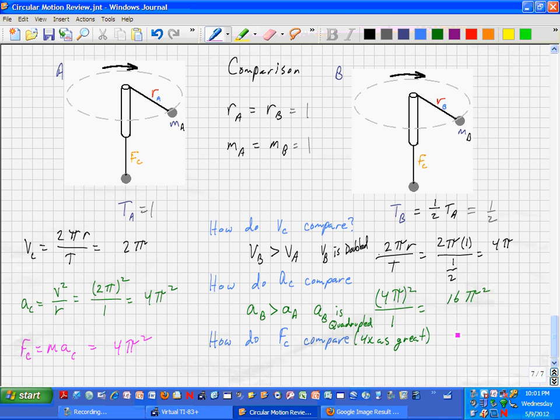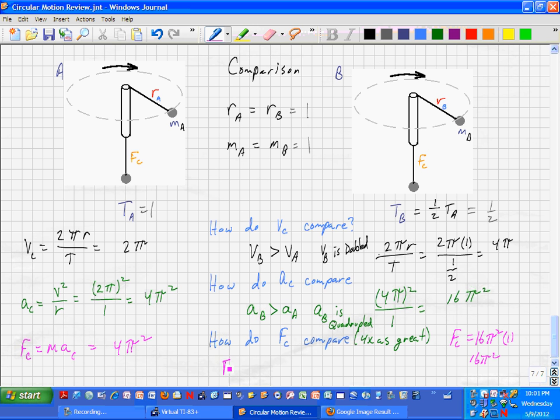And over here, it's going to be 16 pi squared times 1, which is 16 pi squared. So it's the same as what we did for the acceleration.